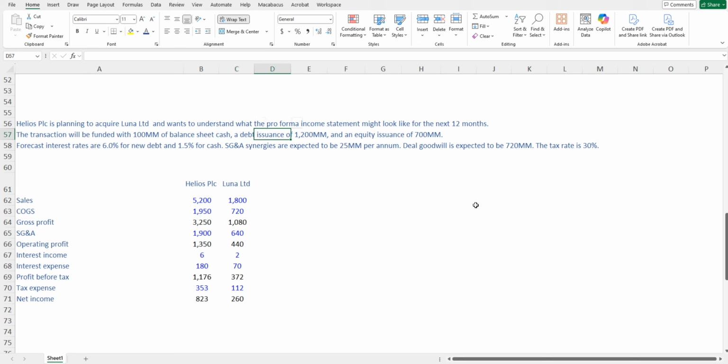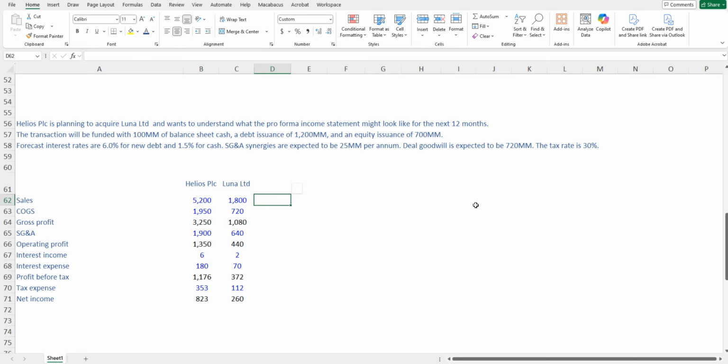That being said, they need to sacrifice the interest income. If they have 100 million dollars in a bank account or in market securities, they can receive interest if they don't do anything with that cash. But because they use 100 million to acquire Luna Limited, they will sacrifice the interest income.